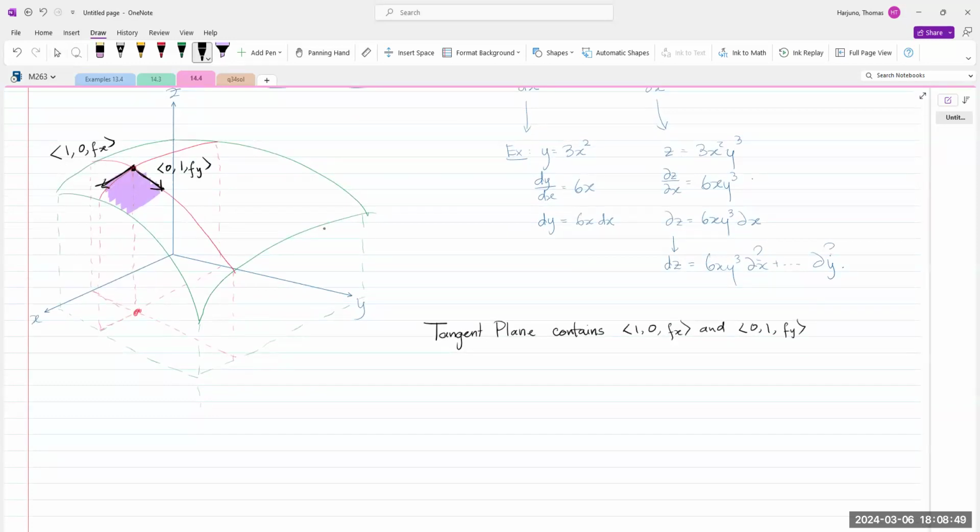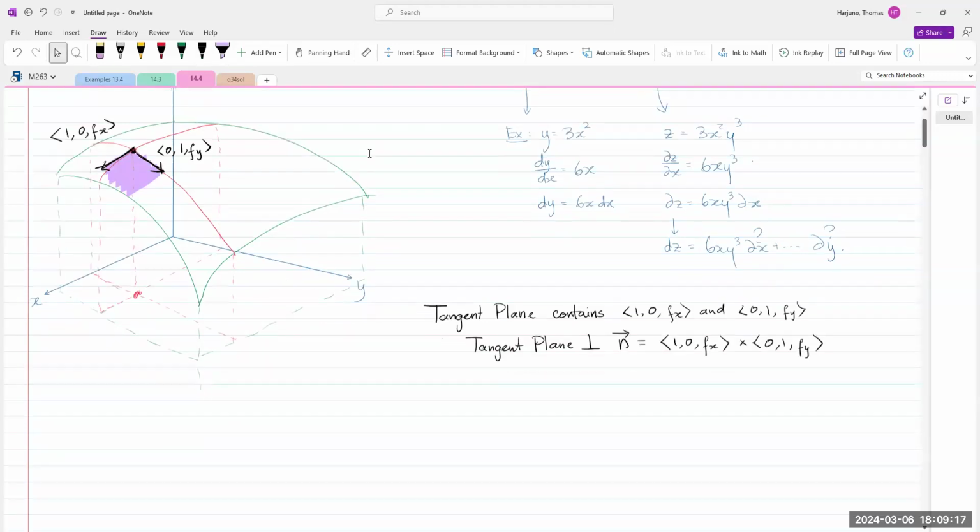So the tangent plane must be perpendicular to the normal vector, which is the cross product of those two. Remember, for us to find the equation of the tangent plane, we need to find a vector normal to it.